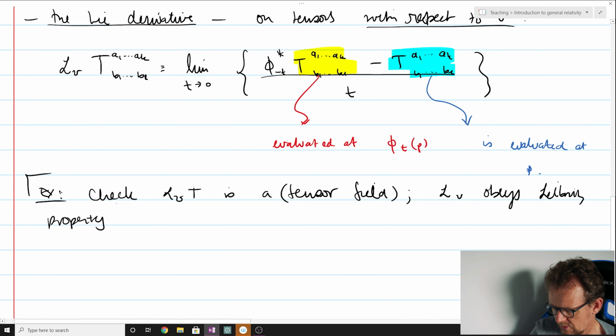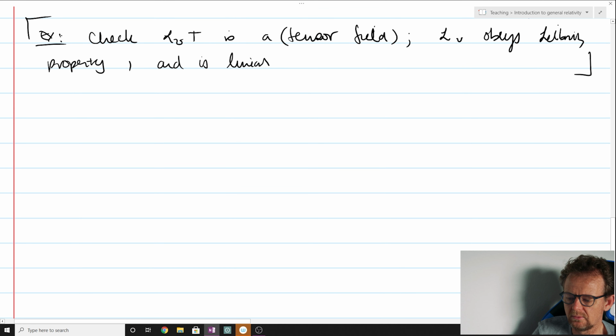And of course, that it's linear. Okay, all these properties are vital if you want to regard L as a kind of derivative operator.